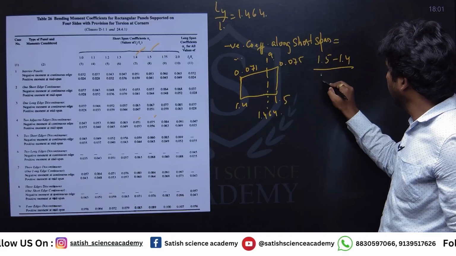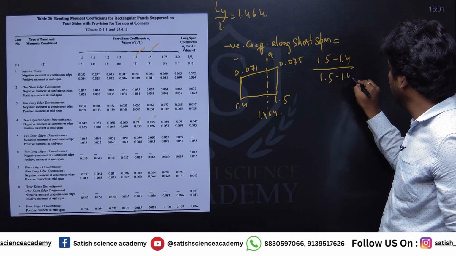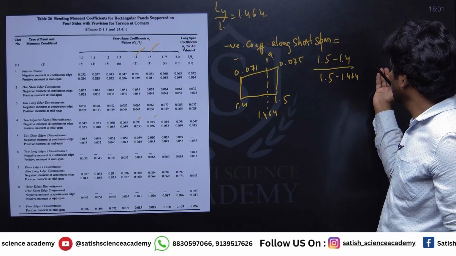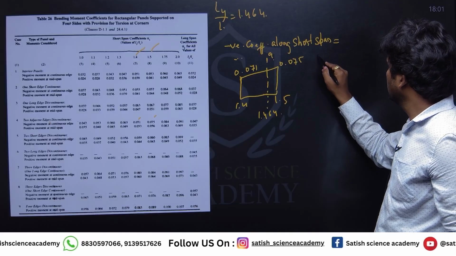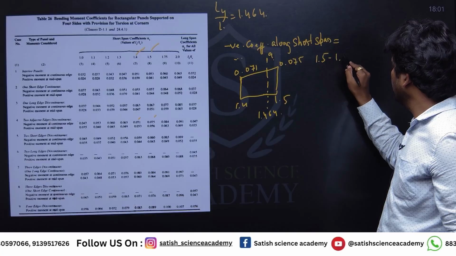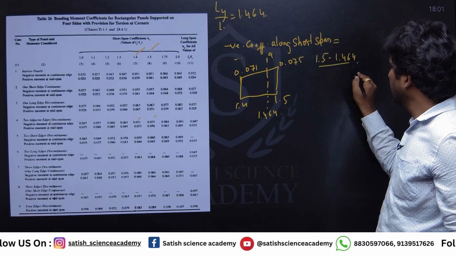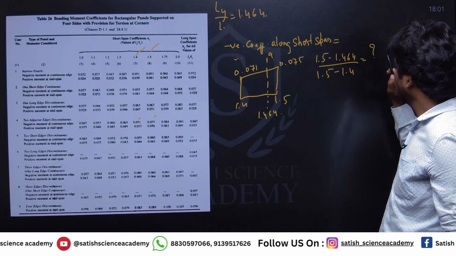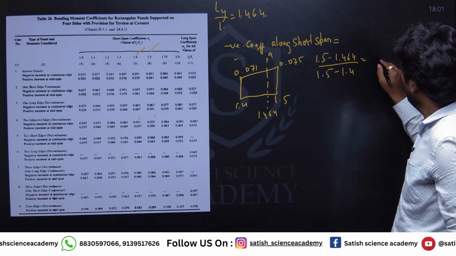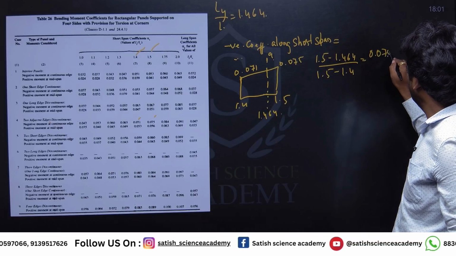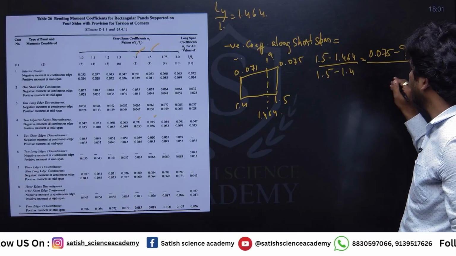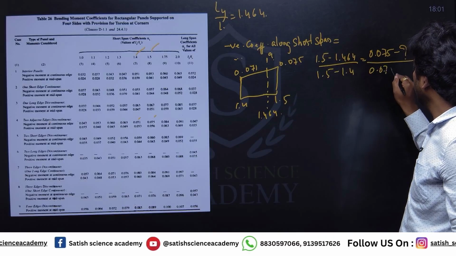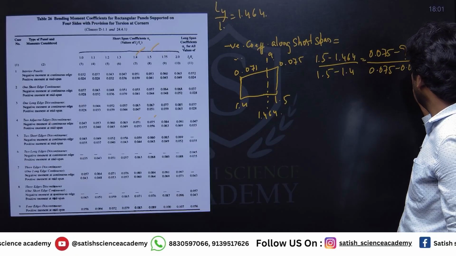1.5 minus 1.464 divided by 1.5 minus 1.4 equals 0.075 minus unknown divided by 0.075 minus 0.071.